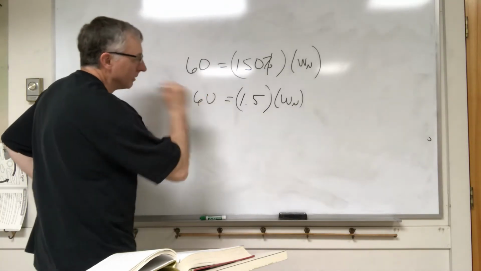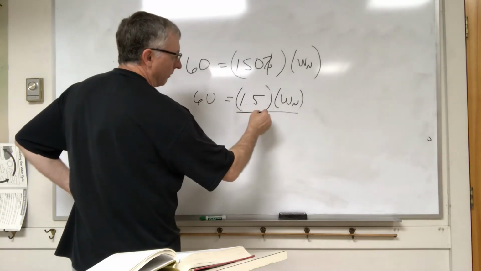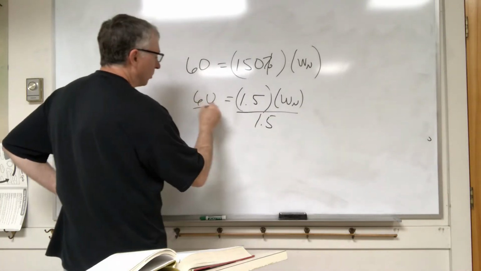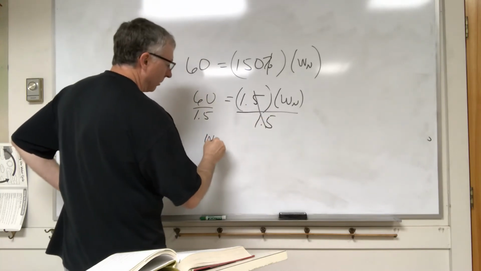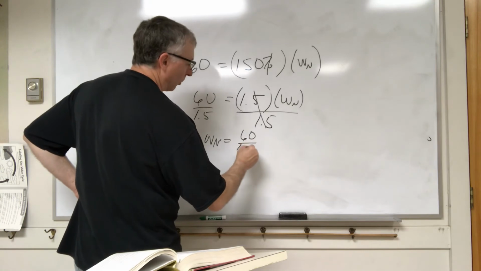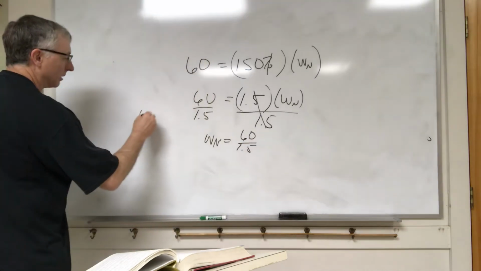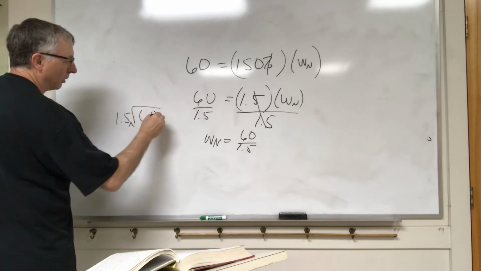All right? So if this unknown is being multiplied by 1.5, I can divide both sides by 1.5. That goes away. And so what number is equal to 60 divided by 1.5? So 60 divided by 1.5, move my decimal point over 1.